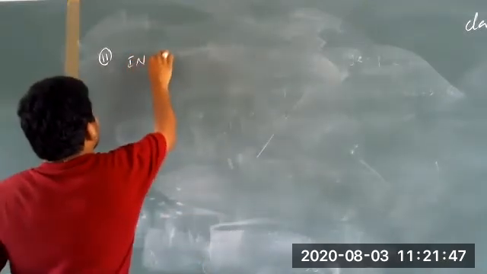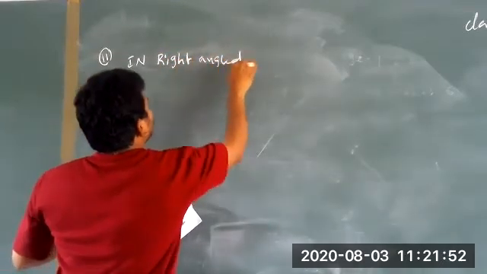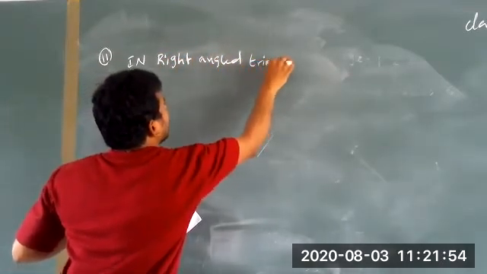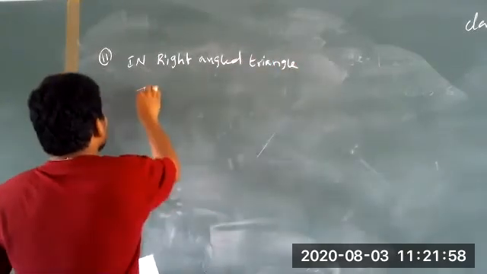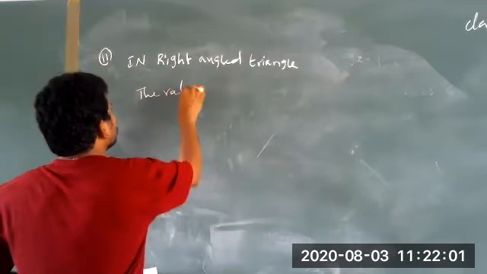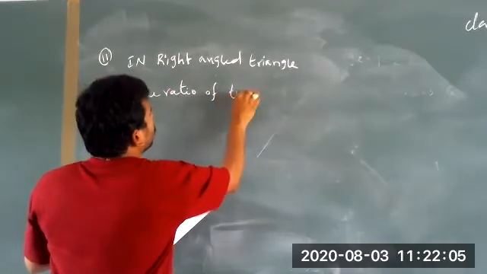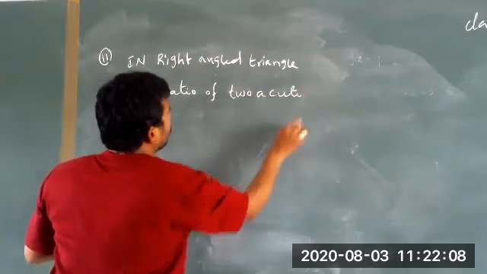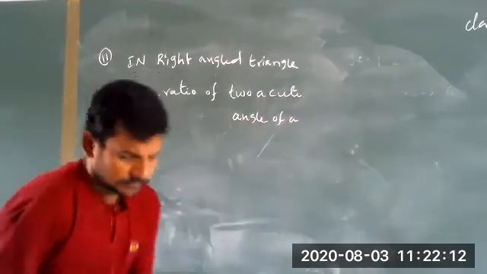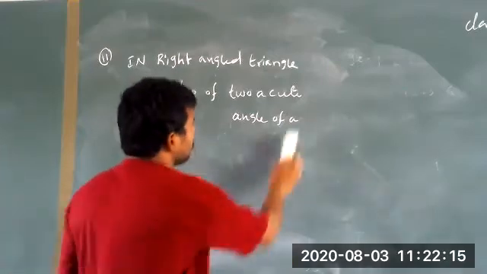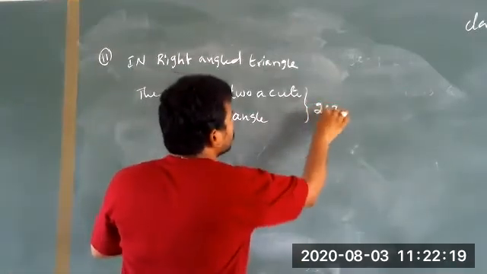In a right angled triangle, the ratio of two acute angles is equal to how much, children? 2:3.